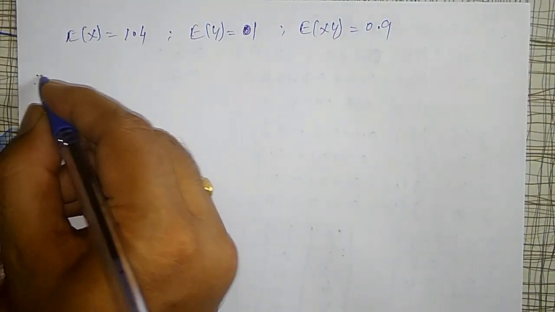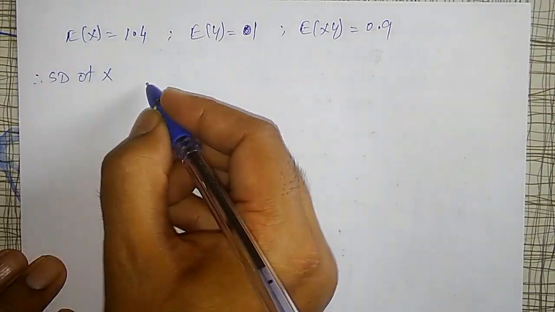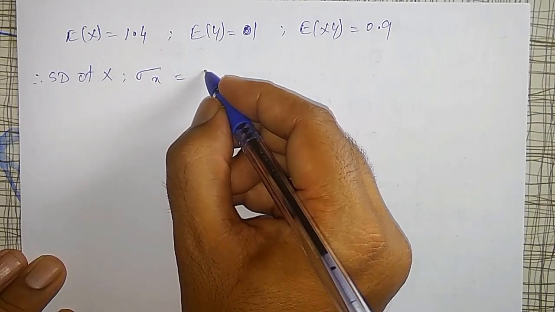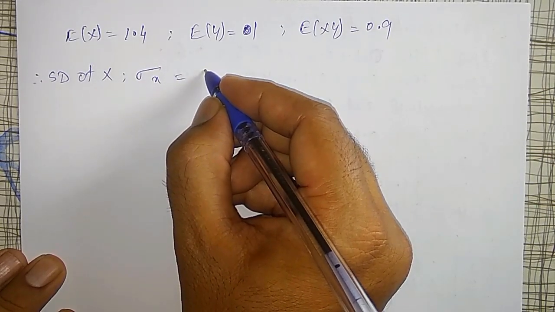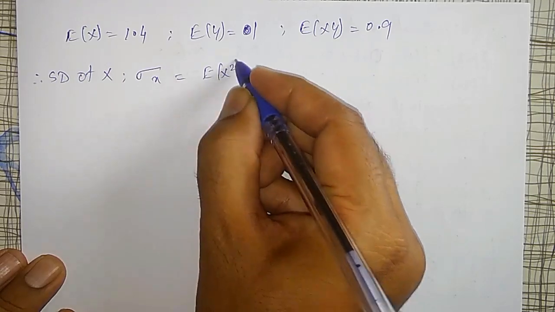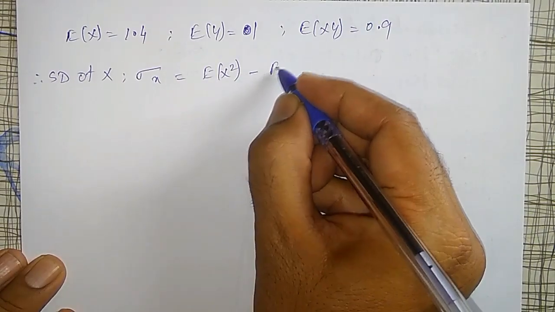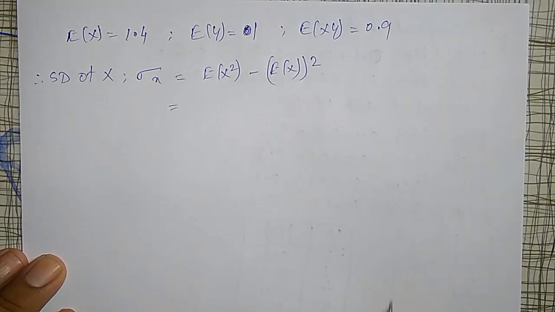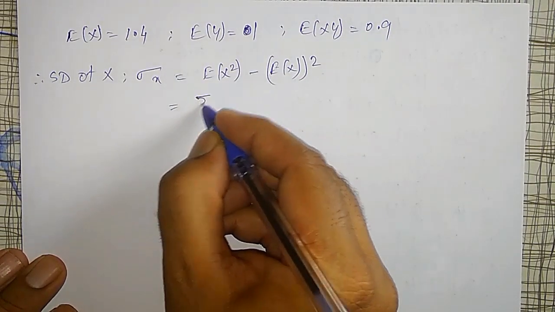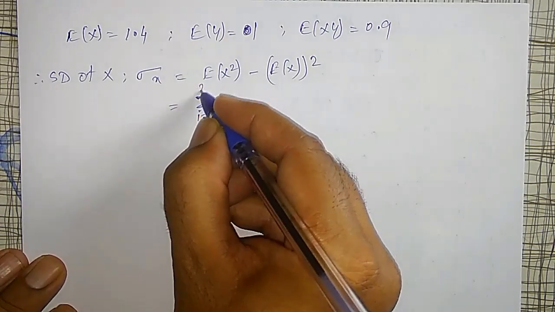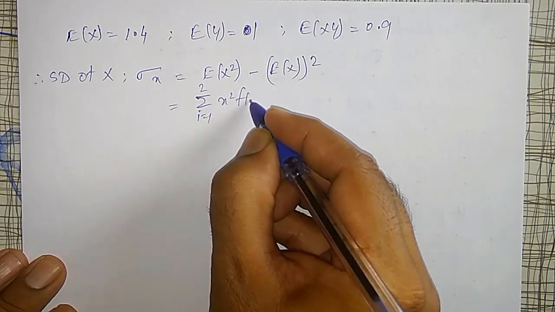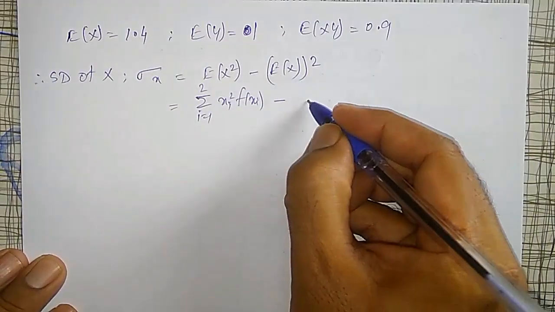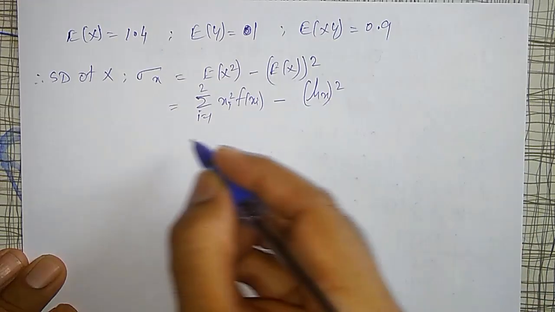Therefore standard deviation of x, sigma x, is equal to the square root of expectation of x squares minus expectation of x the whole square. Expectation of x squares is nothing but summation i equal to 1 to 2 of x square into f of xi, minus mu x the whole square.